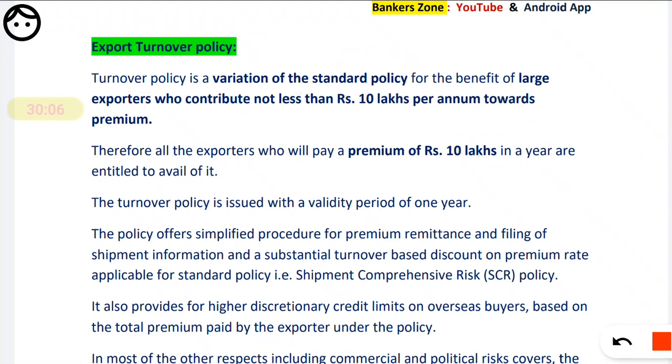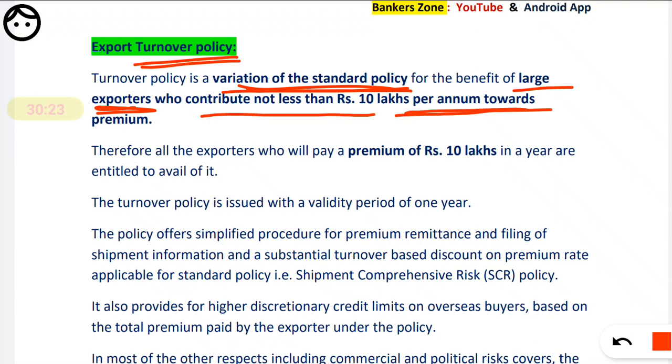But here remember, the turnover policy is a variant of the standard policy, and it is for the benefit of large exporters who contribute not less than 10 lakh rupees per annum towards the premium.